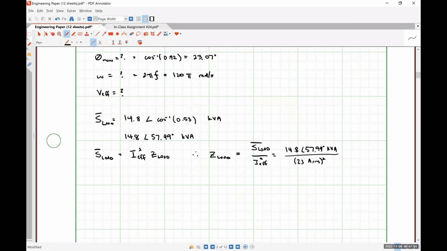Just to be clear here, I would call this 14.8 times 10 to the 3 when you put it in your calculator, so that we get an answer that is in ohms, not kilo ohms or something weird like that for our impedance.